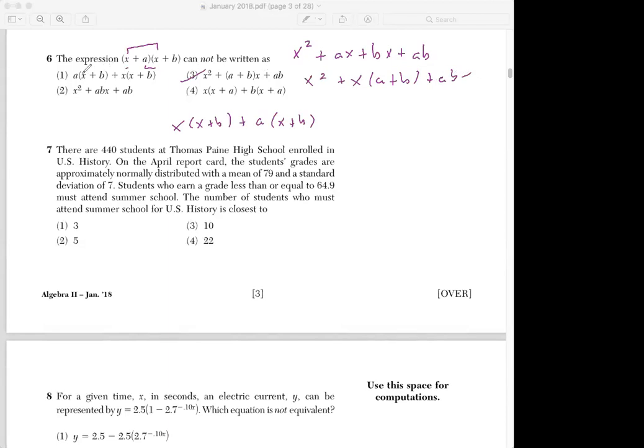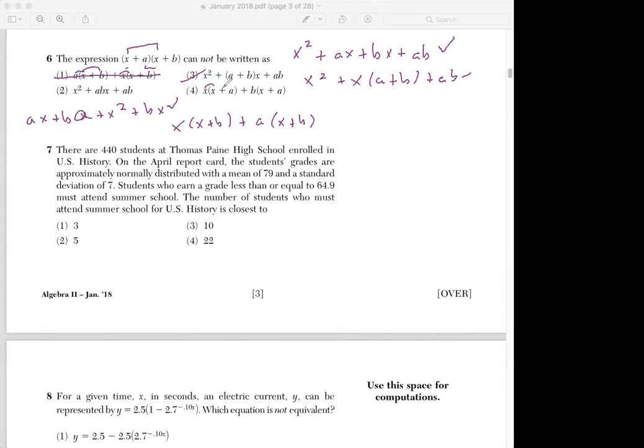Okay, can it be written like this? Ax plus bx plus x squared plus bx, I'm sorry, ax plus ba. Yeah, this and this are the same, so it's not this one.